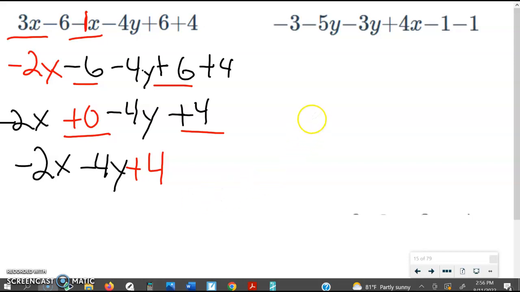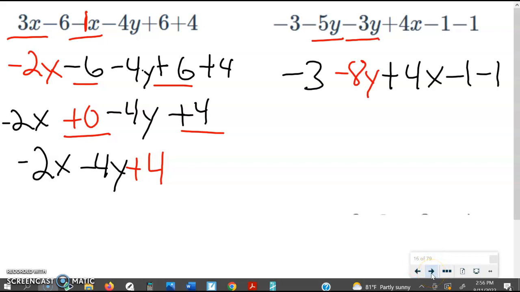Alright, let's look at this next problem. The first like terms I see here is this negative 5y and this negative 3y. So I combine those first. And then same sign, find the sum. 5 plus 3 is 8. Alright, now there's no more variables to combine. I'll combine the constants.